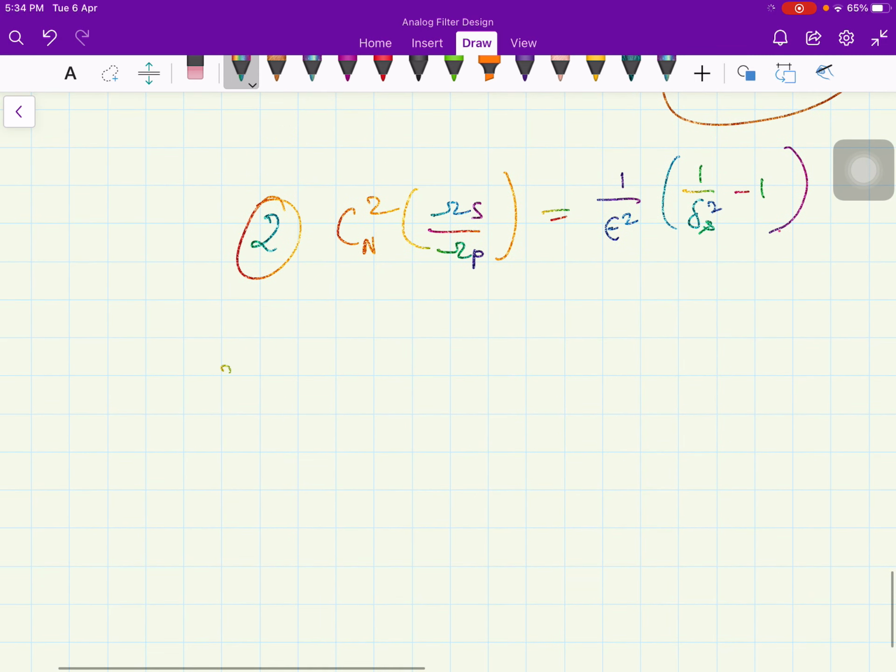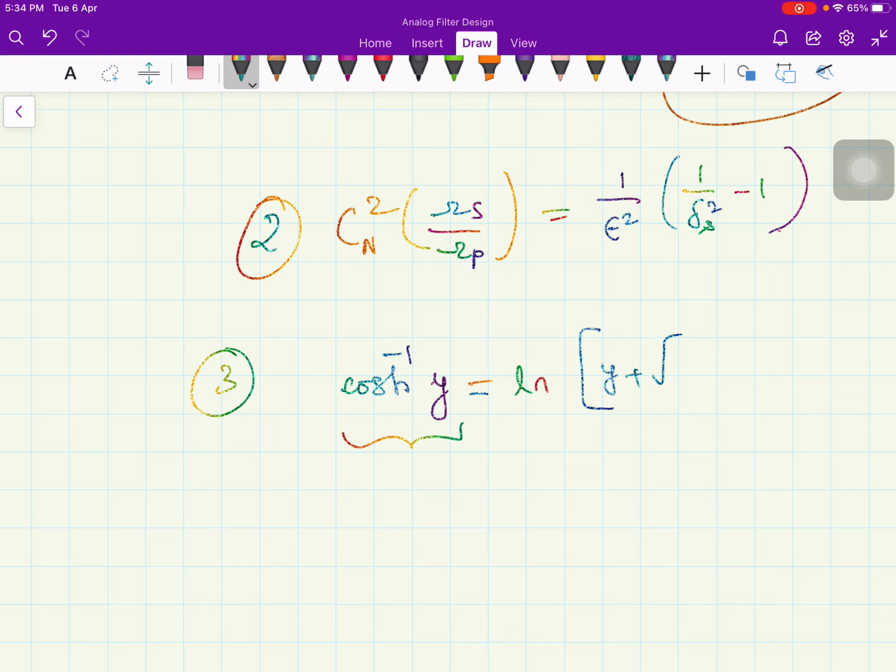So I am going to give the third alternative, which uses the relationship for cos inverse y. You can approximate cos inverse y as the natural logarithm of y plus square root of y squared minus 1.